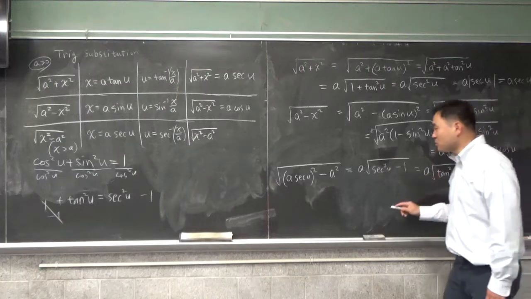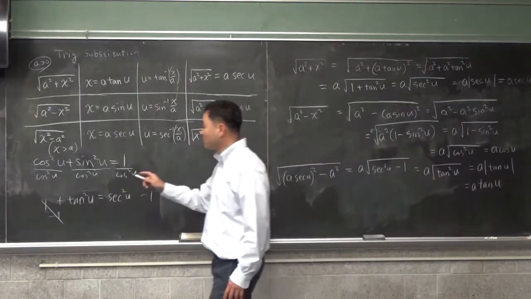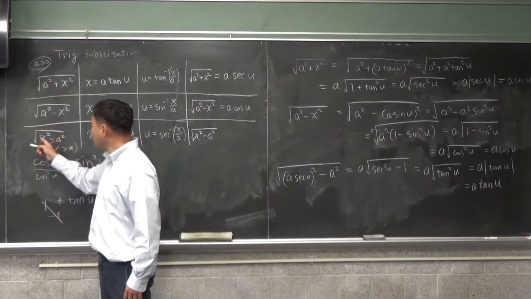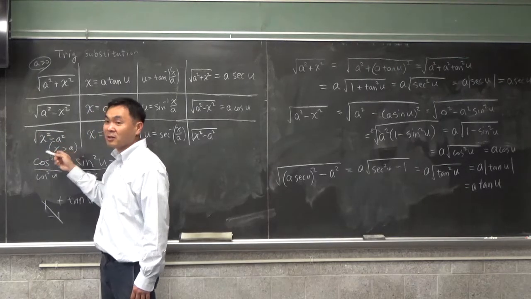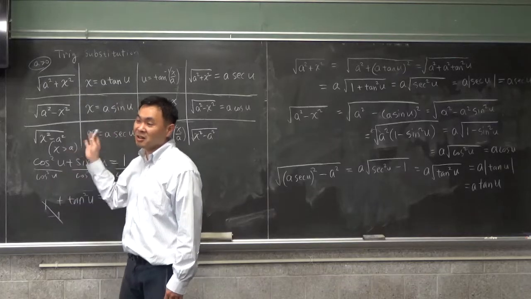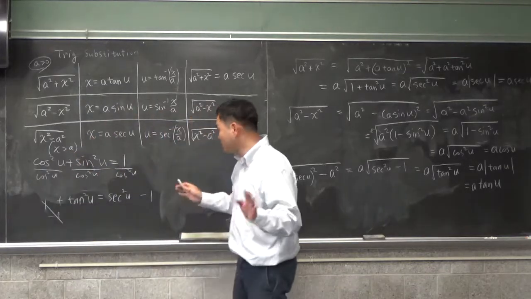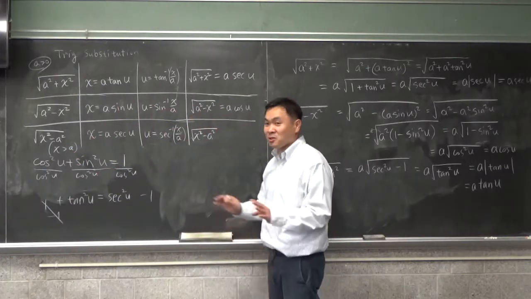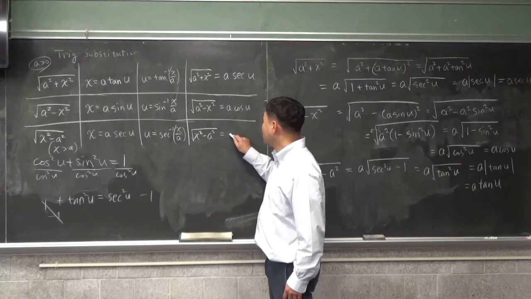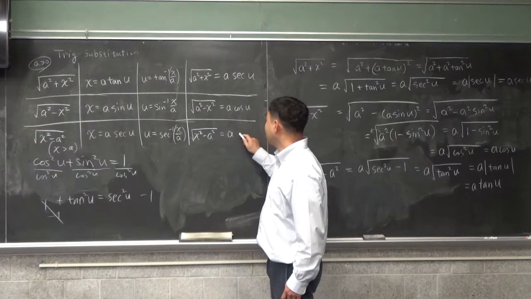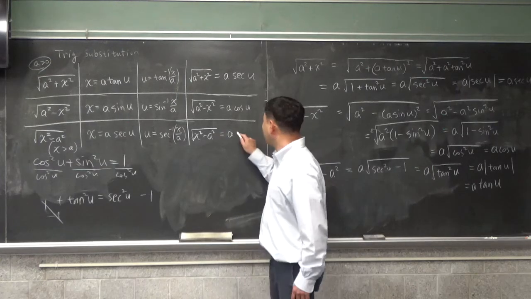And I don't even want to mention what happens if it's the other case. For x squared minus a squared to be positive, it's either x bigger than a or x less than negative a. The other case will give you some minuses, and it's really confusing. So we're not going to do that case, okay? Anyways, this will become a times tangent of u.